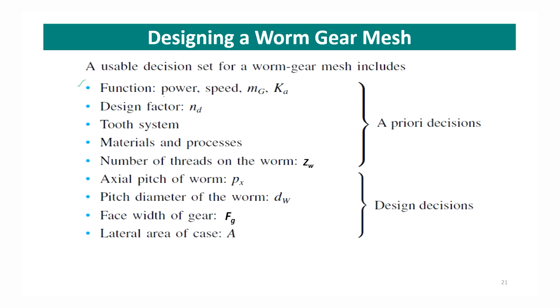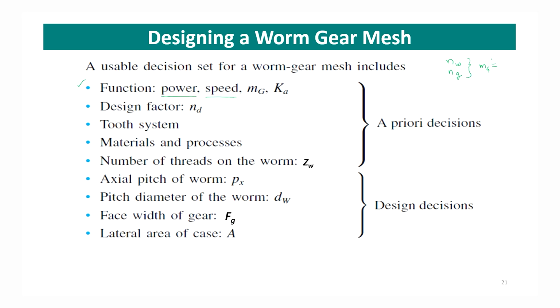That means, the power which we want to transmit with the speed. What will be the speed, means number of revolutions of the worm and number of revolutions of the gear, and so the velocity ratio mg. mg will not be in the ratio of pitch diameter of the gear to pitch diameter of the worm.